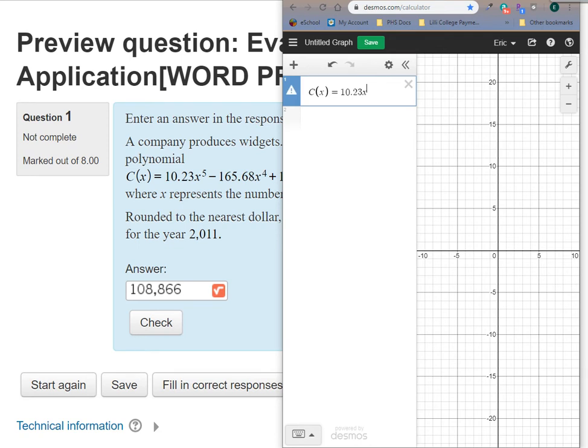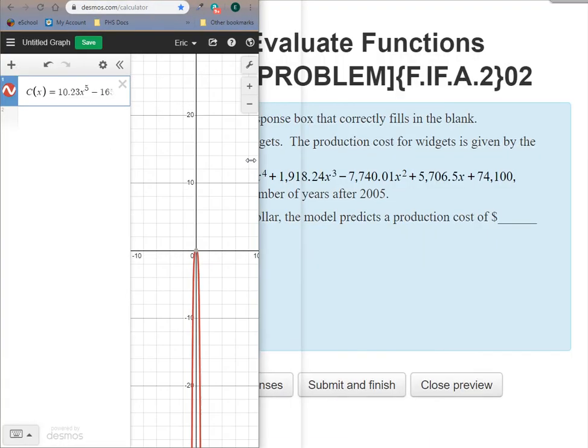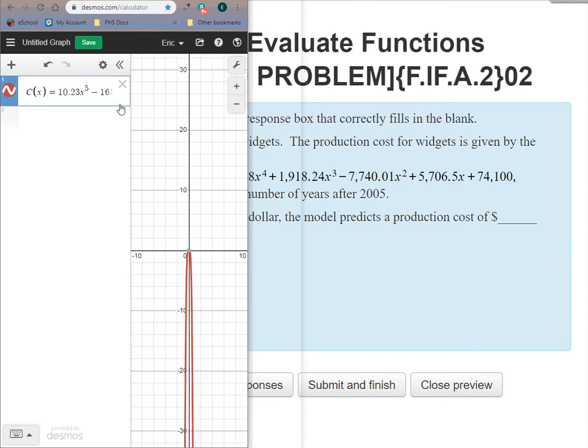Shift 6 to the 5th, right arrow, minus 165.68 x to the 4th, and so on. Type in that whole big long function right there.